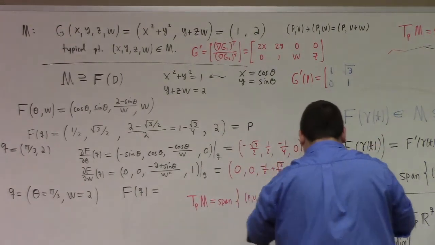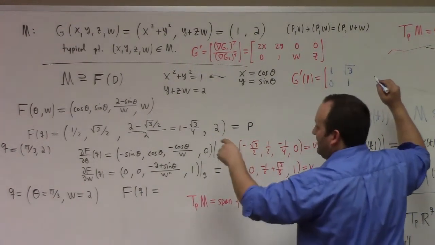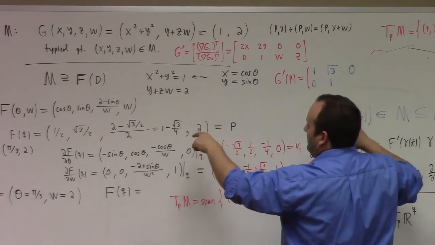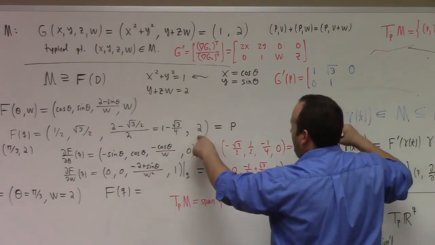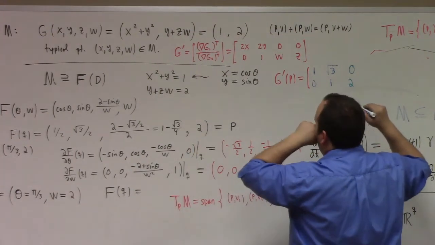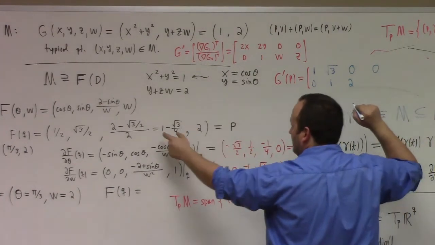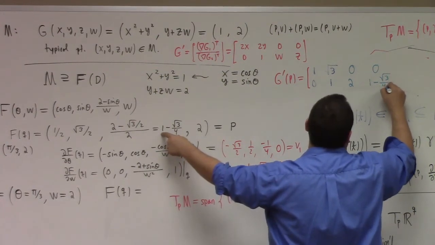I'm liking this point you gave me. It's actually pretty nice. It's not bad. And then 0. W is 2. Okay, and then 0. And then Z. Finally the Z: 1 minus the square root of 3 over 4.